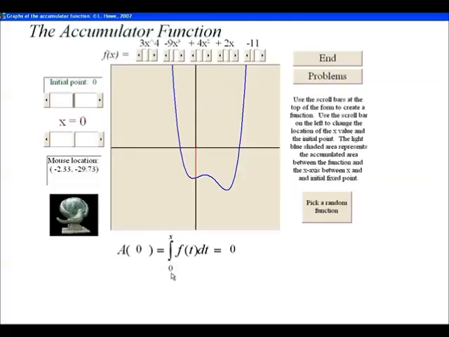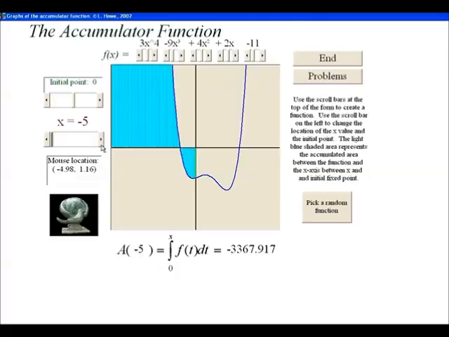So if we accumulate area starting at 0 and we go to x and we go to the right, all of this area is negative because it's below the x-axis, and now positive going on. But if we go back to the 0 and start accumulating area going backwards, the area under the curve is positive area, and then the area above the x-axis is negative area. Kind of messes with your mind, doesn't it?